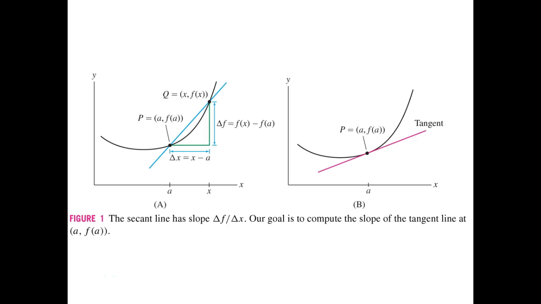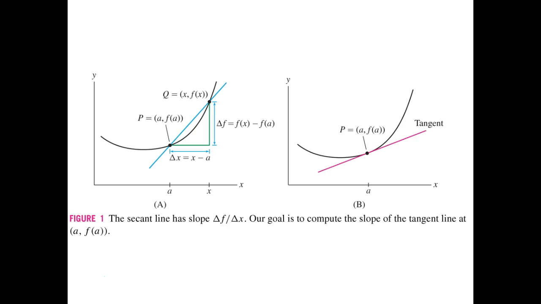At x is your input, f of x is your output. So the average rate of change between here and here was the slope of that secant line that went from those 2 points: delta f over delta x, f of x minus f of a over x minus a.